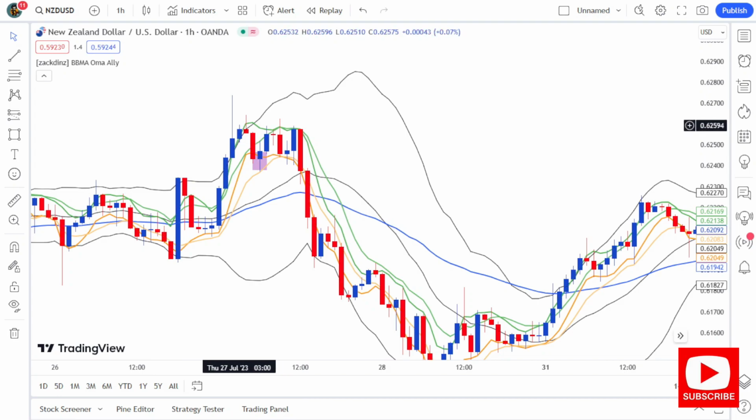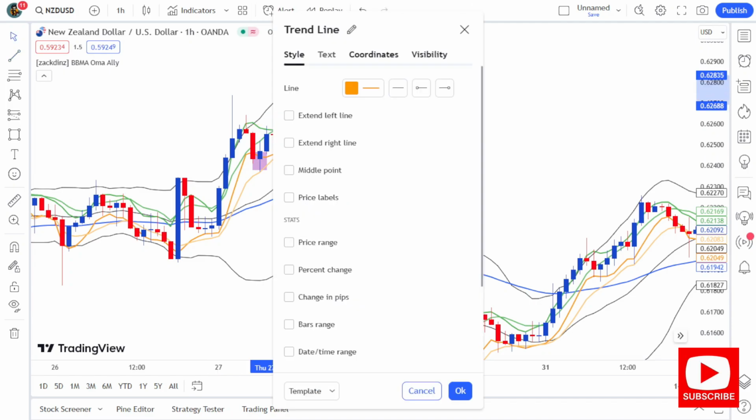And for us to confirm and trade our extreme, price must close back inside the Bollinger Band. As you see here, the price closed inside.